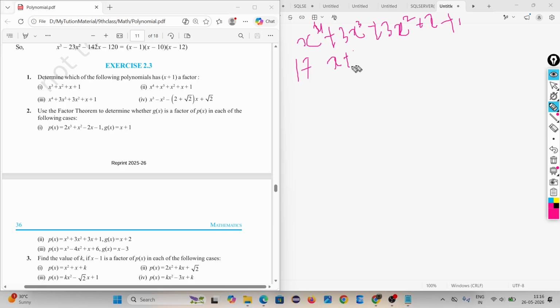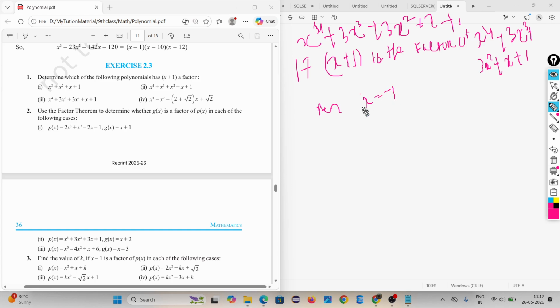If x plus 1 is a factor of x raised to the power 4 plus 3x cube plus 3x square plus x plus 1, then x equals minus 1. That means p of minus 1 should equal 0.